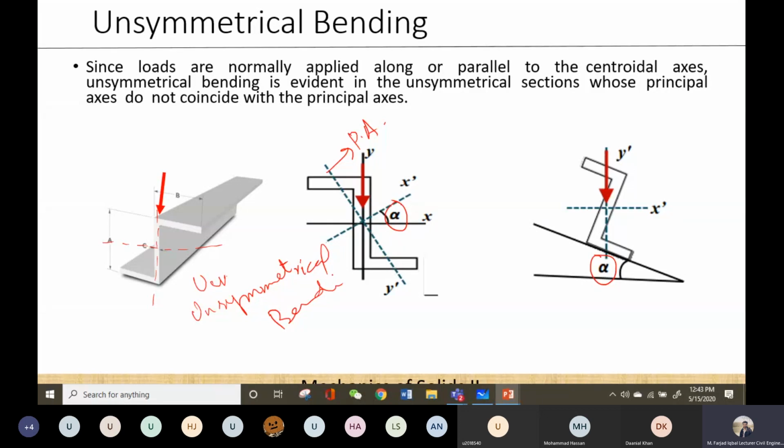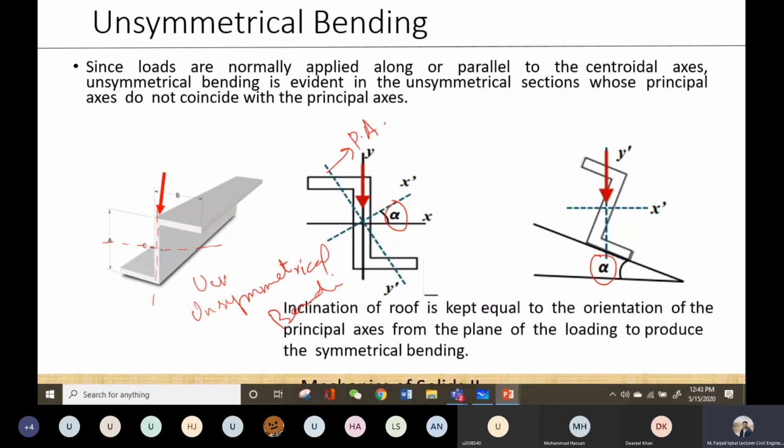When you have an unsymmetrical section, they will put it at an inclined shape so that they can get the symmetrical bending for this kind of unsymmetrical section. So you change the orientation, so you will get the principal axis in the straight quadrant, let's say at 90 degrees to each other and at 90 degrees to the original centroidal axis.